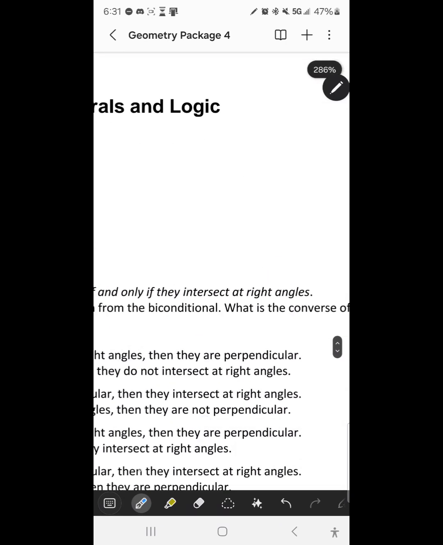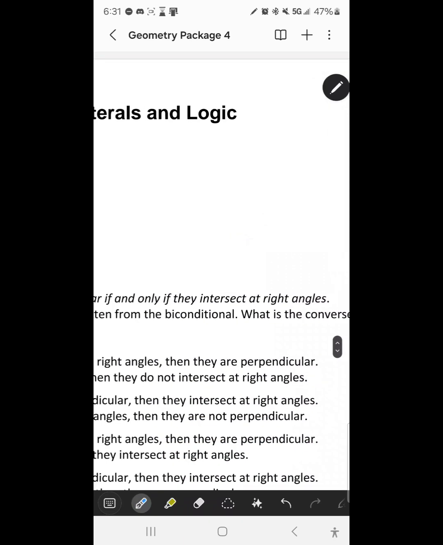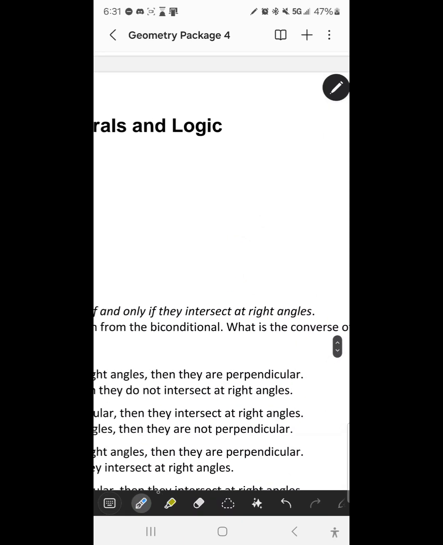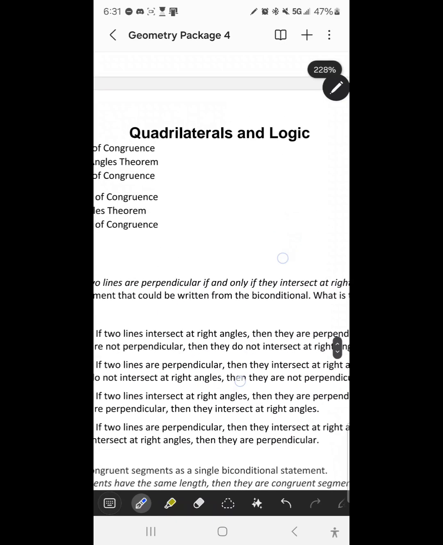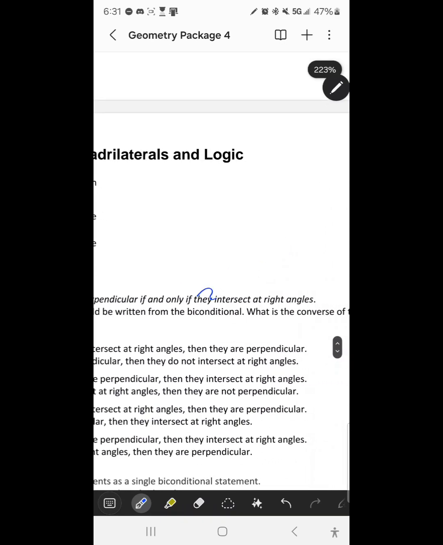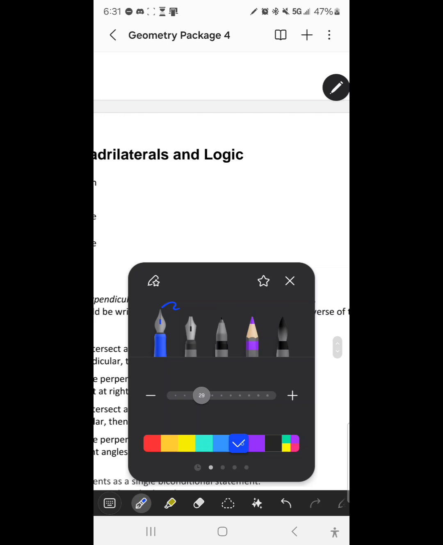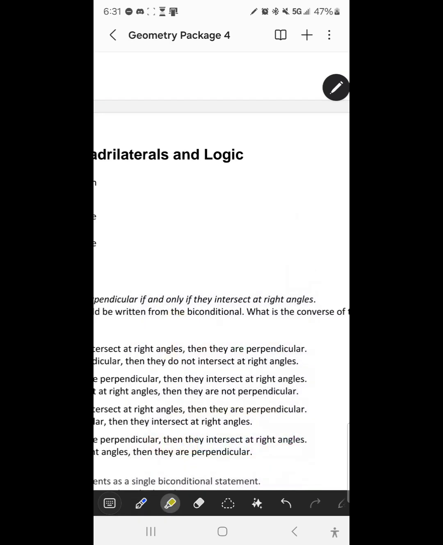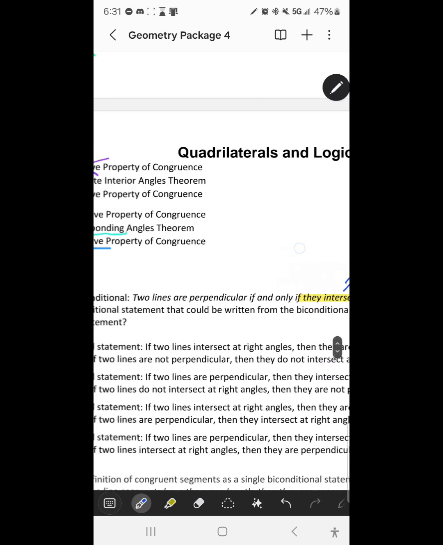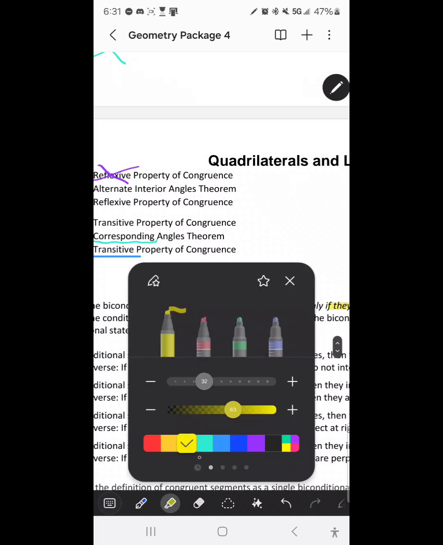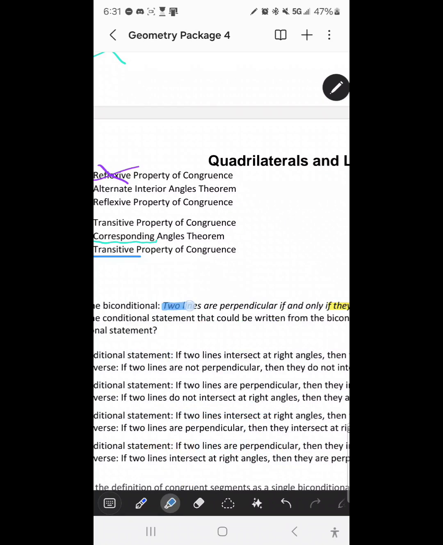So I will say: if they intersect at right angles, this is the beginning, then the two lines are perpendicular.